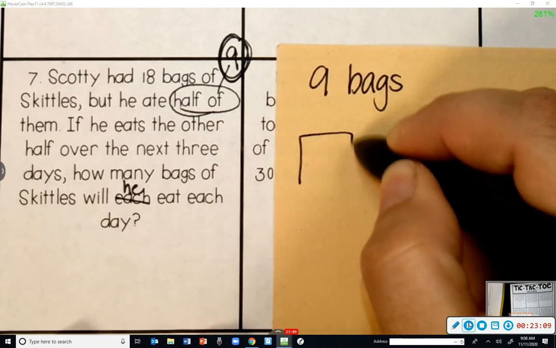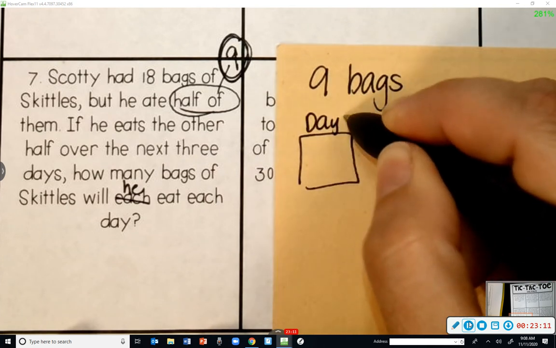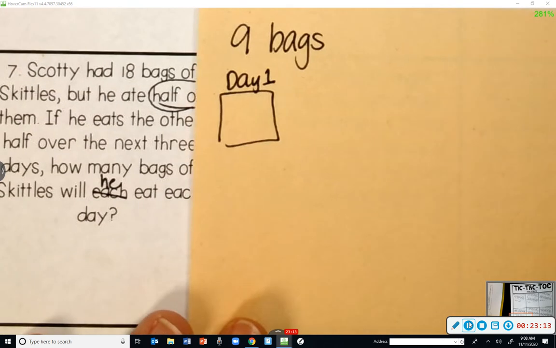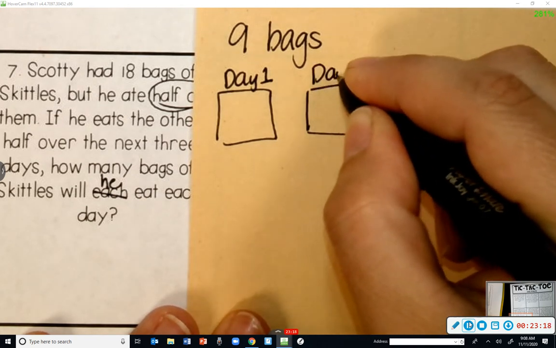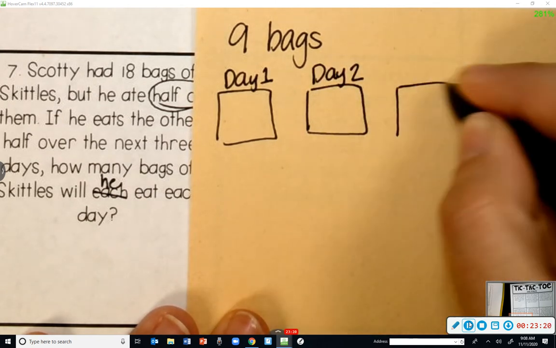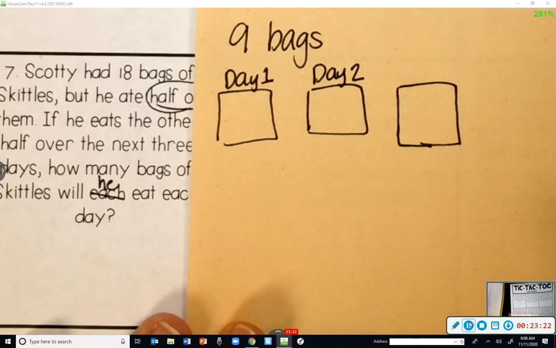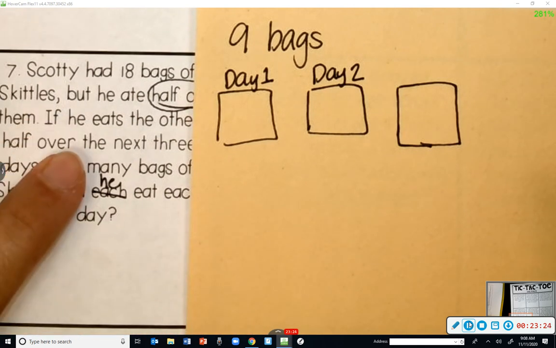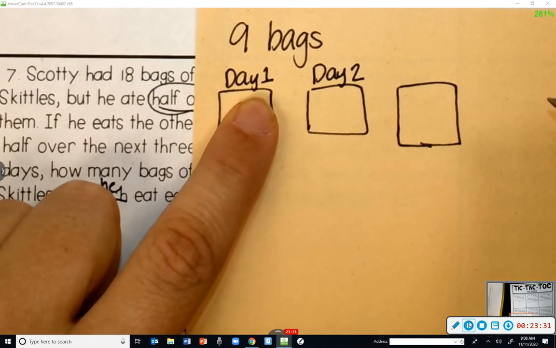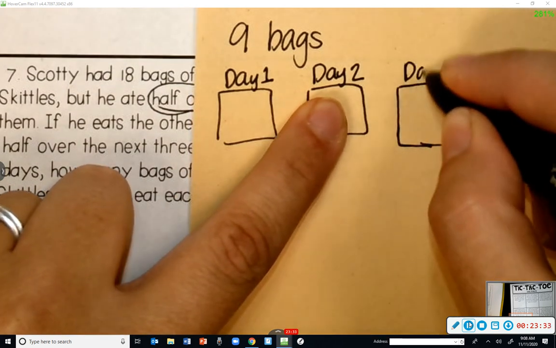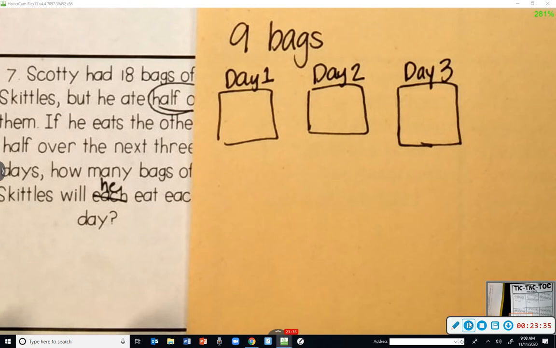So here's day 1. Here's day 2. I'm working it out like this because I'm doing what the problem is describing, because I'm confused. I don't know what to do. I'm just going to start writing what the problem talked about. Day 1, day 2, day 3, because I know I need to do 3 days.